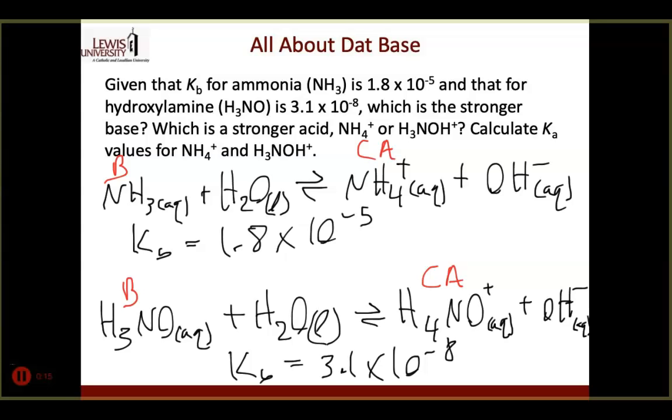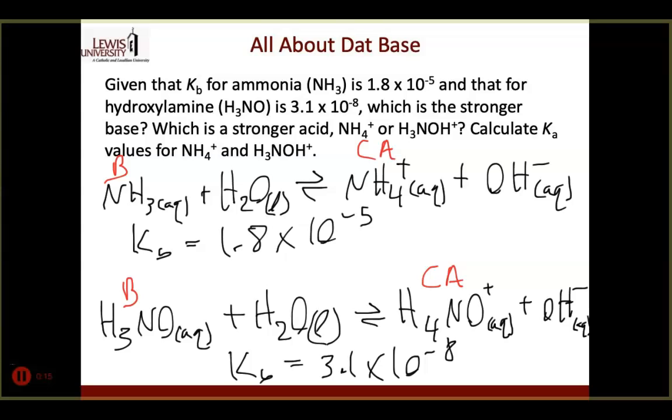So we could determine which is the stronger acid. A conjugate acid, by definition, is something that acts as an acid. So in the reverse reaction, ammonium is acting as an acid, and H4NO plus is acting as an acid. But we want to know which one's stronger. In order to compare the strengths, we need to look at the Ka values for those acids.